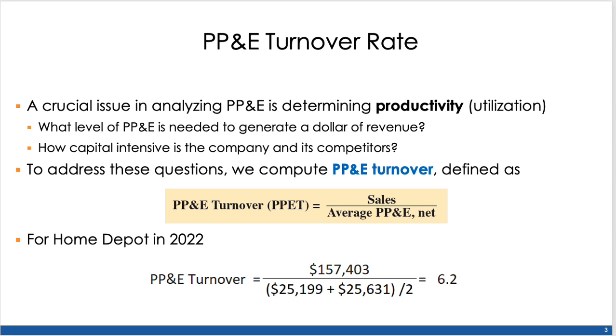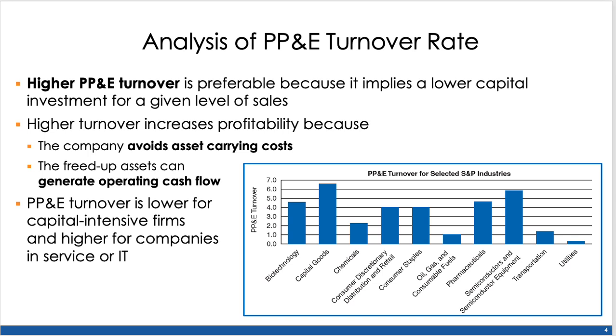If you look at PP&E turnover for Home Depot, you take the equation, fit in the numbers, and we are talking about a PP&E turnover of 6.2. You see what's happening here? We take sales revenue, divide it by the average of beginning and ending net PP&E, and you end up with 6.2. What does that mean?